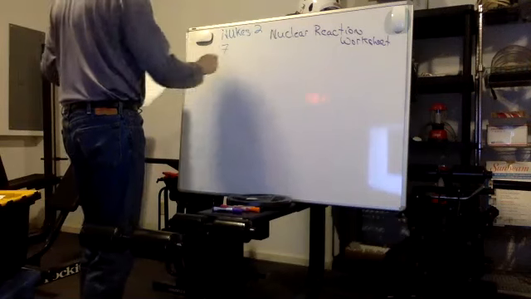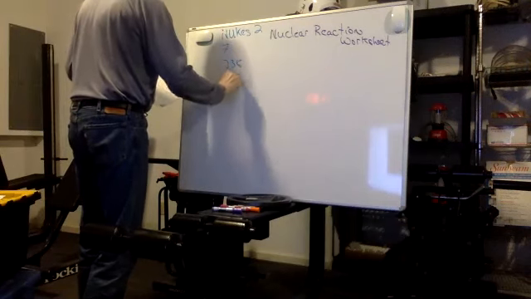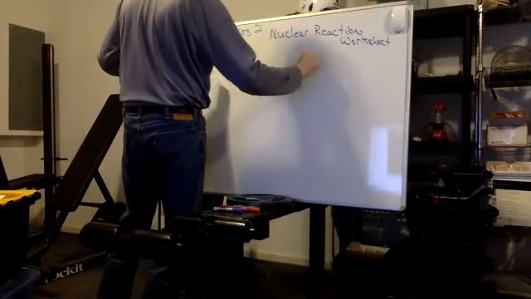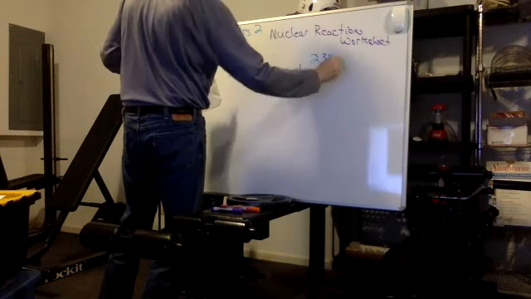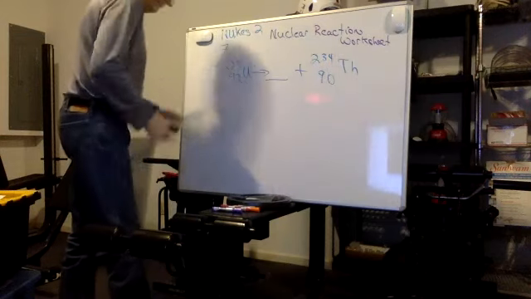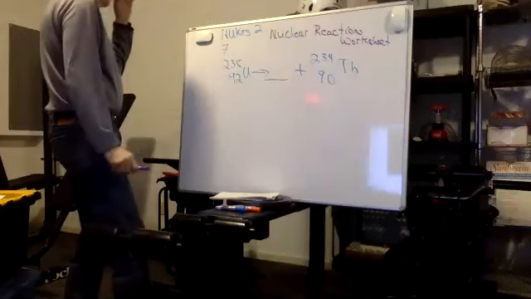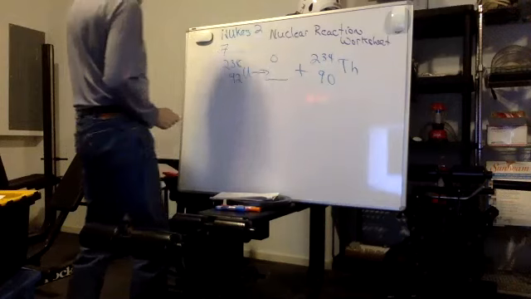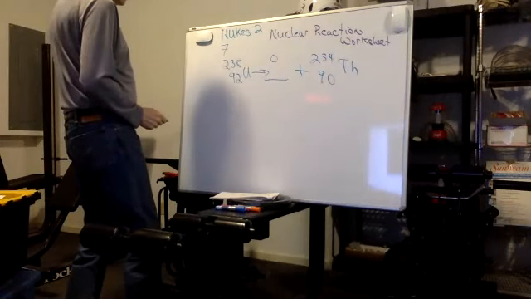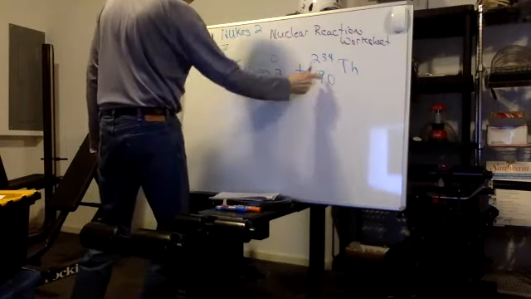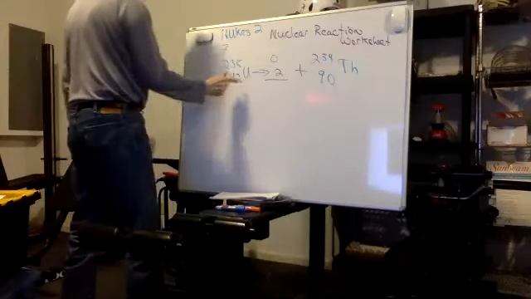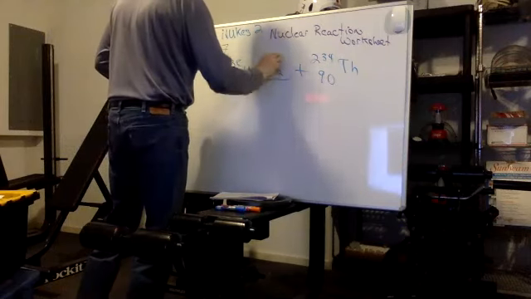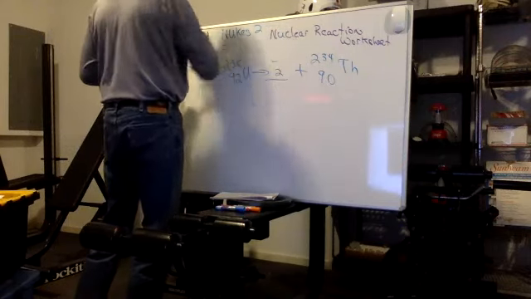Seven, 238, 92 U goes to blank plus 234, 90 thorium. So let's see what we got going on here. We've got 0 on top, and we're going to need 2 on the bottom. 92, 90 plus 2 is 92. So the only thing that's going to fit there, let's see, that's 0 on top.